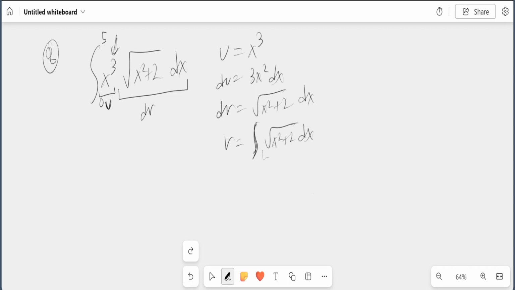The square root is x squared plus 2 to the 1/2. But if you tried u to the 1/2, your du would be 2x, and we don't have that.